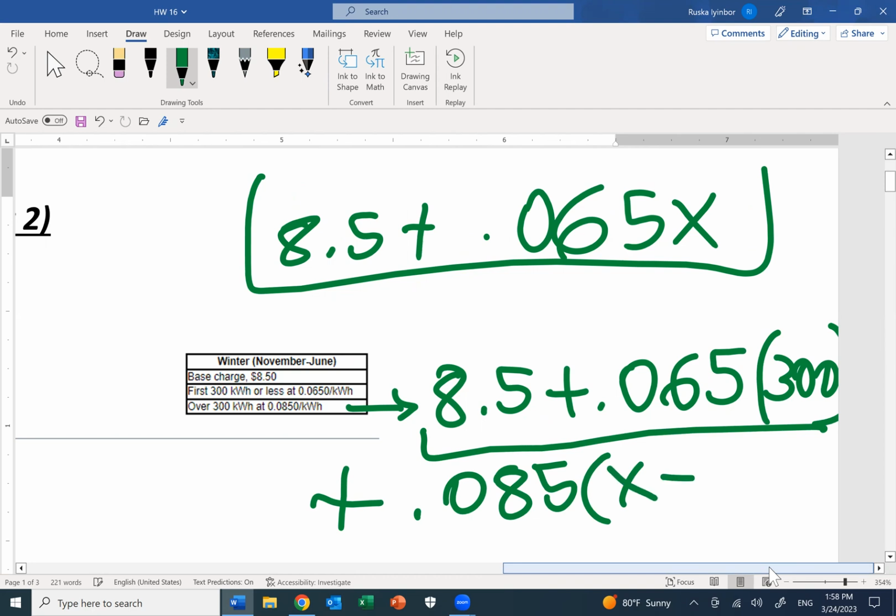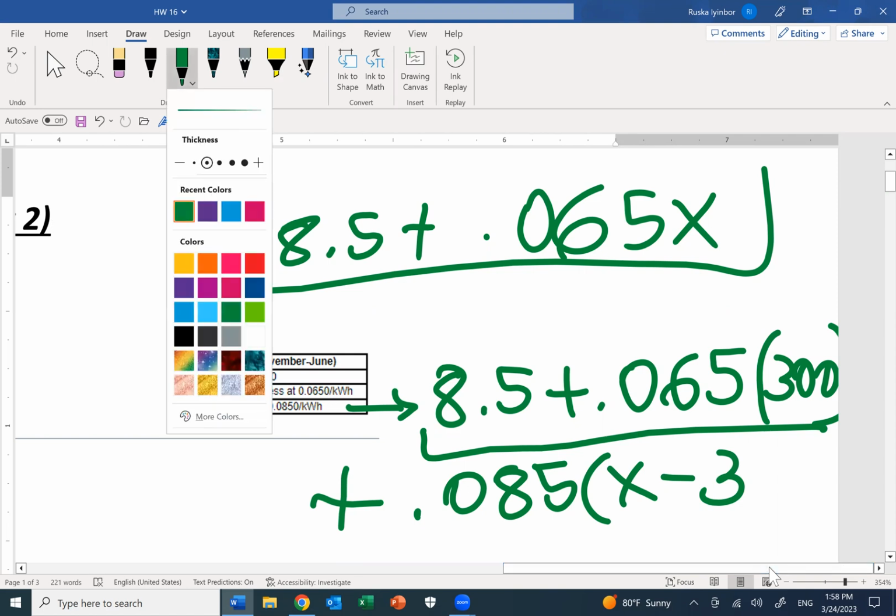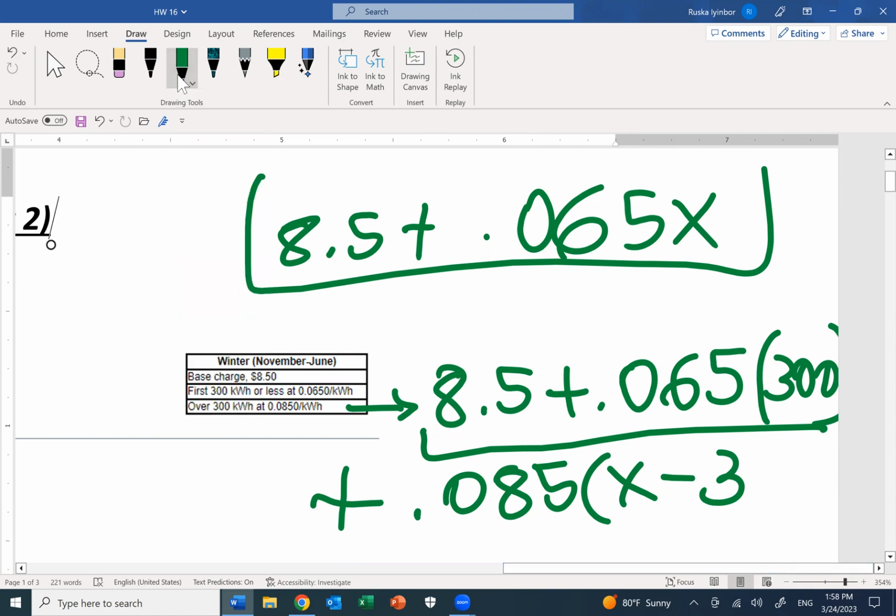X minus 300 represents above 300. Okay, so this is how we set up the equation.